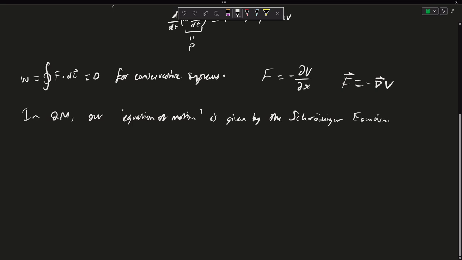And the equation has the form as follows. So it's i h bar d psi by dt equals minus h bar squared over 2m d squared psi by dx squared plus V multiplied by psi.